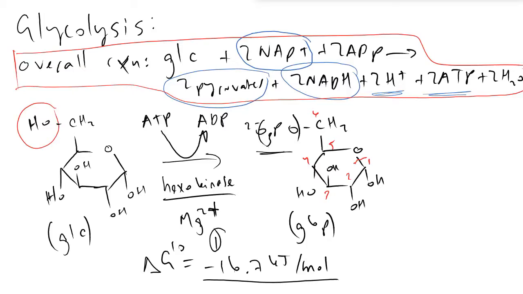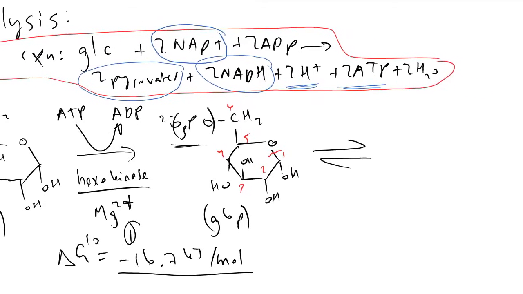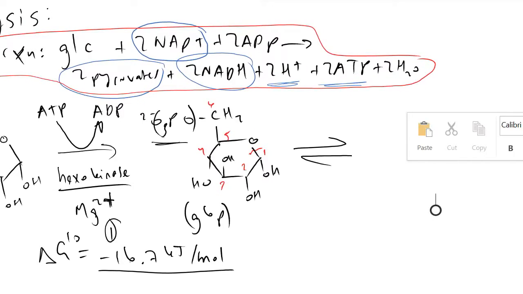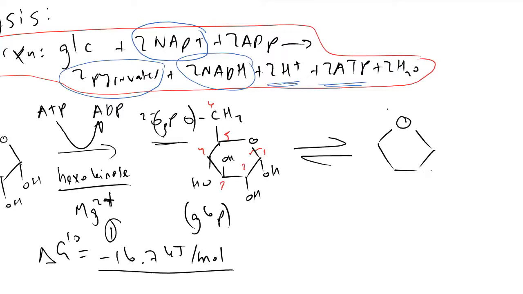Continuing, we'll see that we have a reversible reaction as our next step, and this glucose 6-phosphate molecule will become a fructose 6-phosphate molecule, which has a 5-member ring, and the hydroxy groups stay the same as they were before on the sides of the ring.